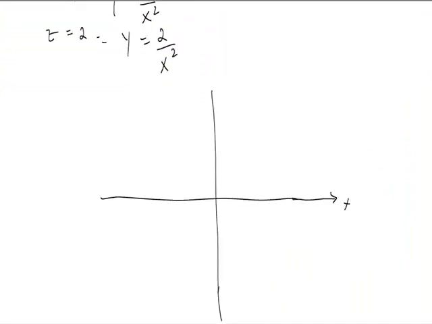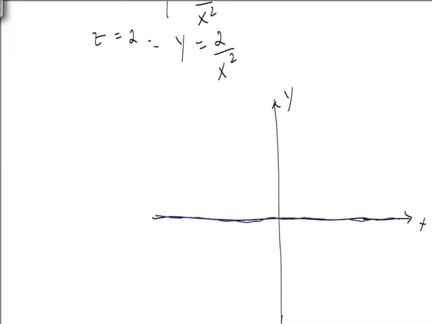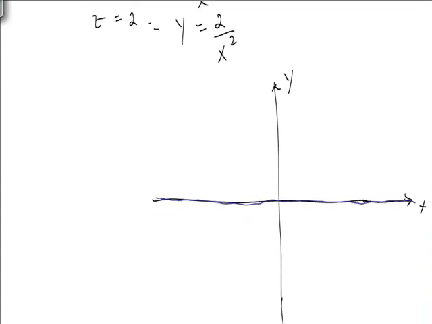So let me draw my graph in blue because I need to put that x-axis as part of the graph. You can hardly see it, but that's part of it. Now the first one we have there is 1 over x squared. Now the graph 1 over x squared looks like that.